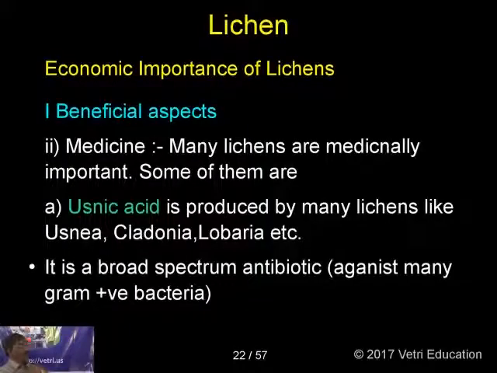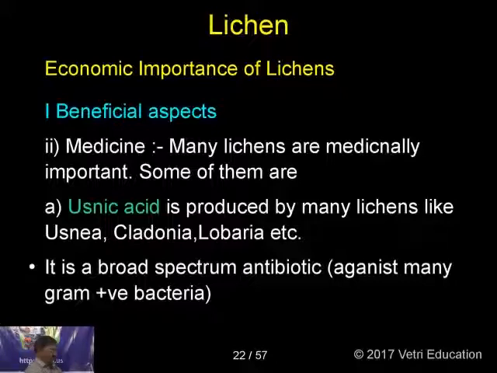Next, you see the medicine. A number of medicines are extracted from lichenic acids, because these lichens have a variety of acids that are unique to lichens only. You cannot find them elsewhere. For example, usnic acid is produced by many lichens like Usnea, Cladonia, Lobaria, etc. It is a broad spectrum antibiotic.